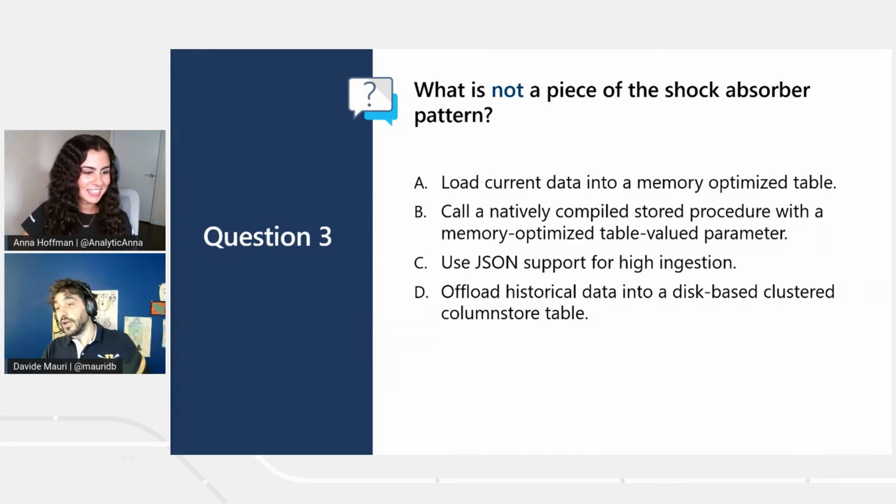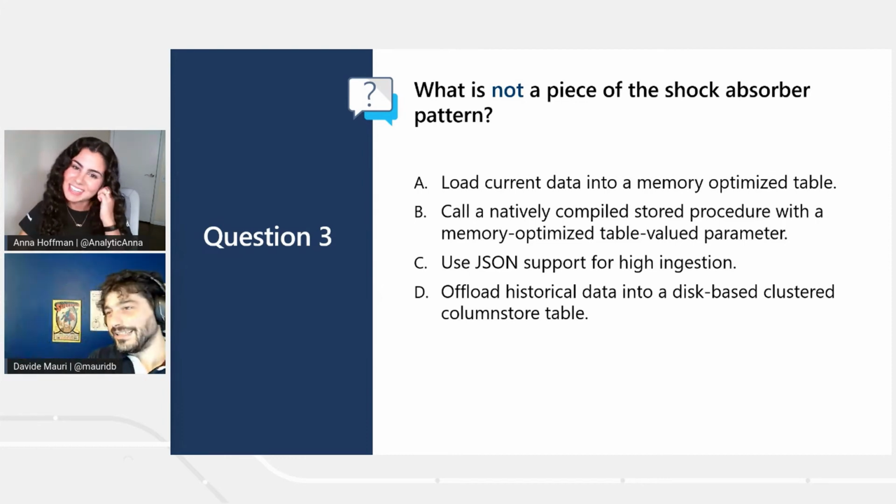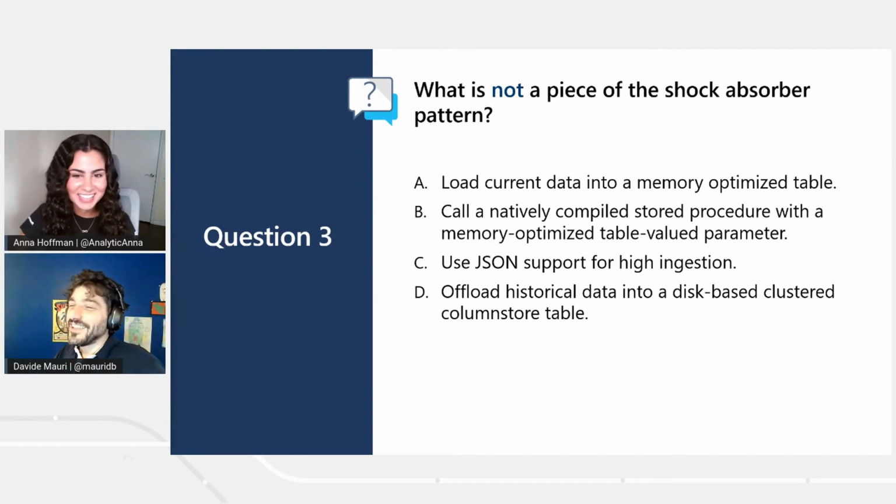Do you have thoughts, Davide? Yeah, so I just want to call out the second because I just realized that I didn't mention that before. I was so excited about the entire thing that I didn't mention something that is good to have here. Actually, when we write into a memory optimized table, you can write a stored procedure that, while it's written in T-SQL, is actually compiled into C code and run in process.